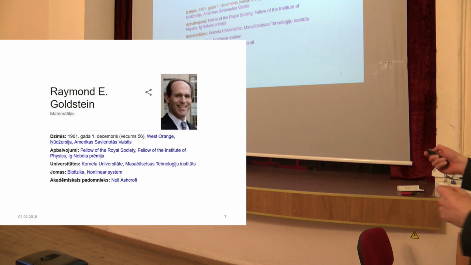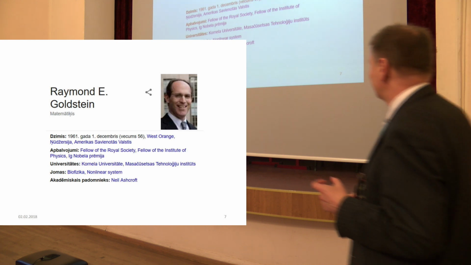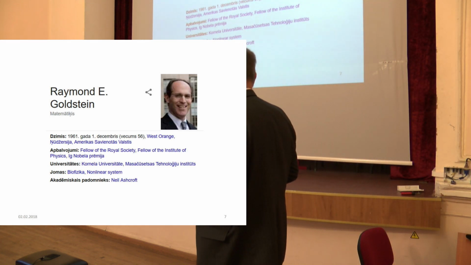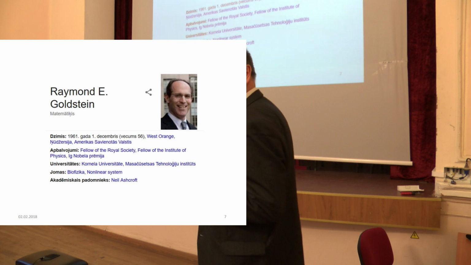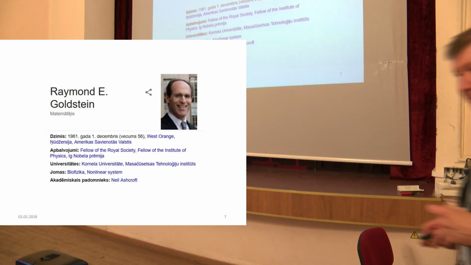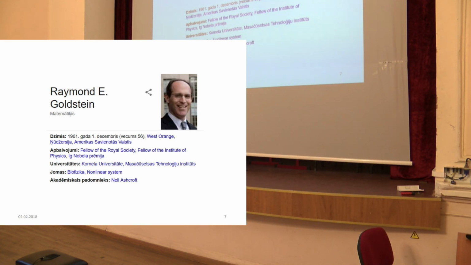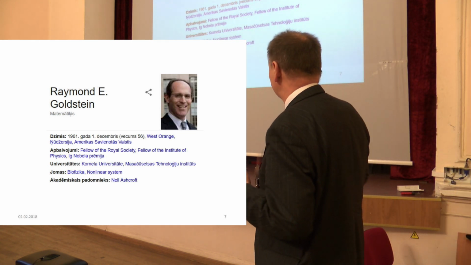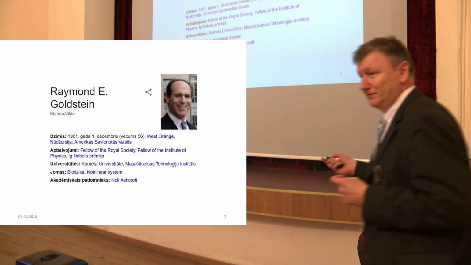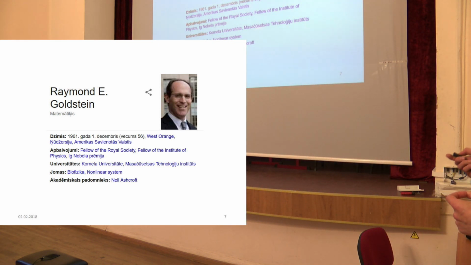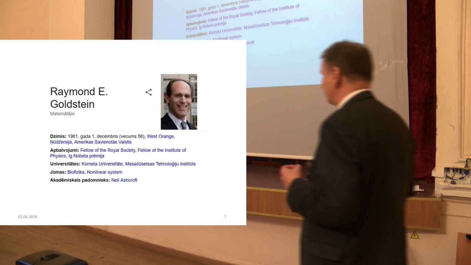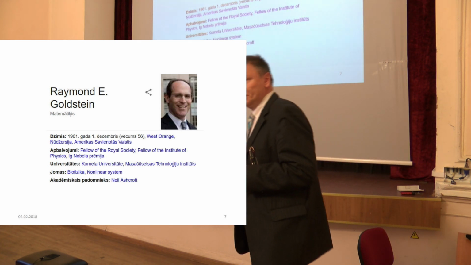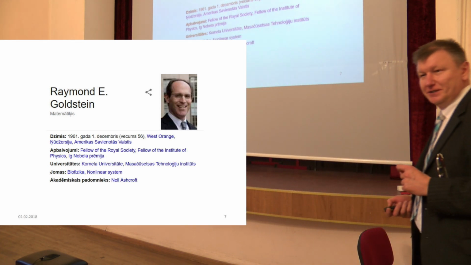Actually, if I look at the birth date, he's just 50 days older than me. And after that time, he has succeeded quite a lot. That information was found by Google today. It is interesting to note that he has won also the Ig Nobel Prize, but for a very serious publication, as usually happens in the field of physics.